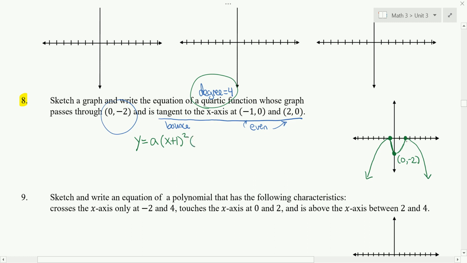And then our next factor is going to be x minus 2, and also we have an even multiplicity. Because the right side's going down, I know a is going to end up being negative, but we don't have to factor that in. We're going to find it by plugging in 0 for x and -2 for y.